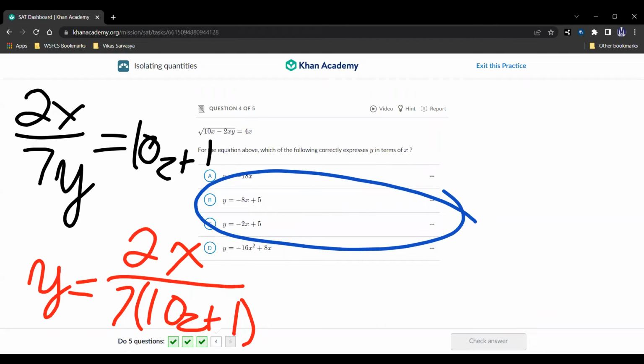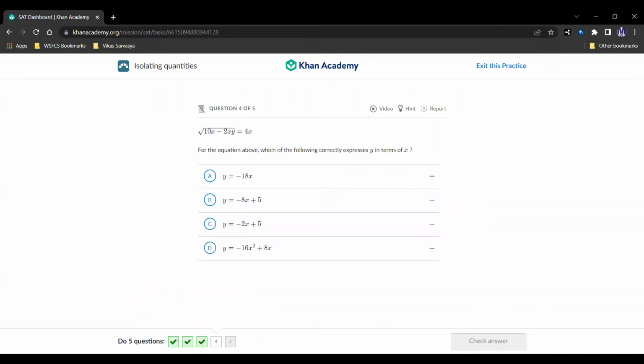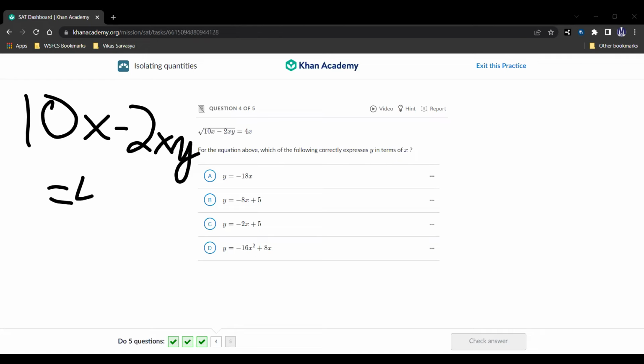All right, question number 4, and here it is. The square root of (10x minus 2xy) equals 4x, and we're trying to express y in terms of x. First thing we're going to do is square both sides, and we get that 10x minus 2xy equals 4x squared.